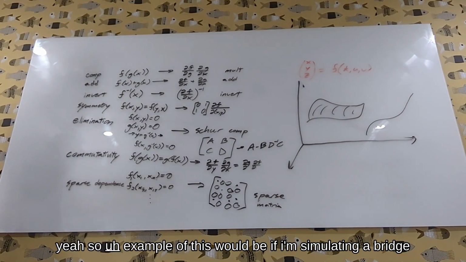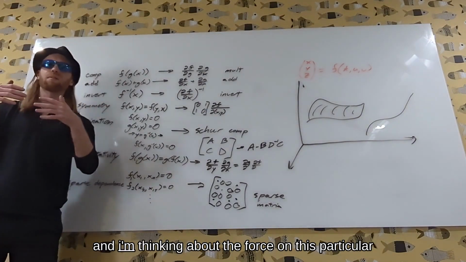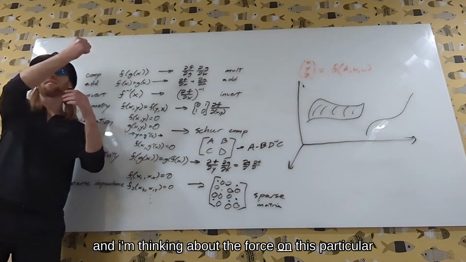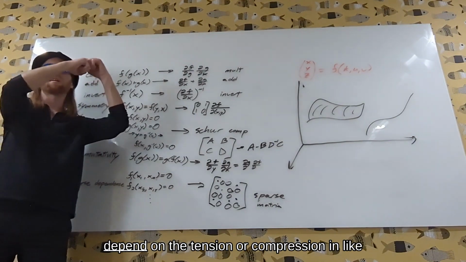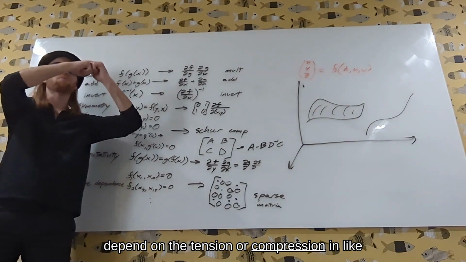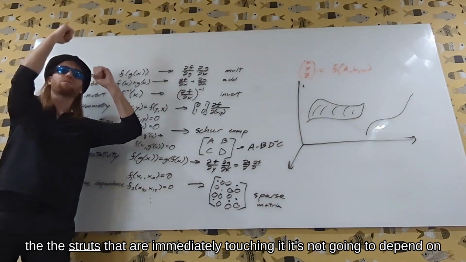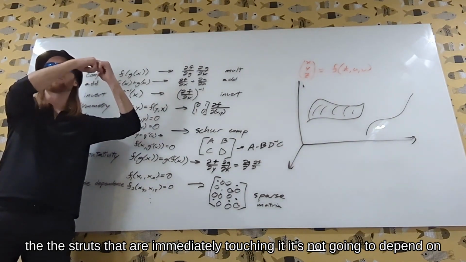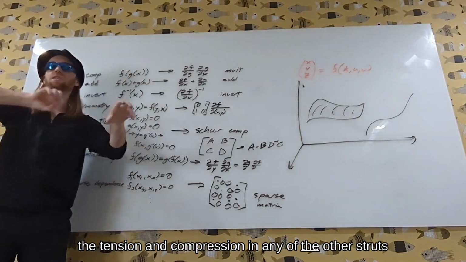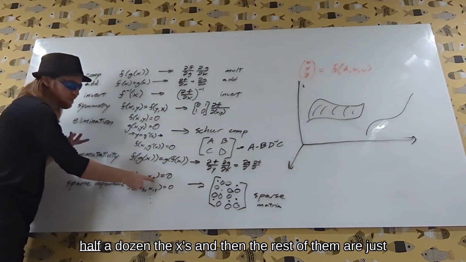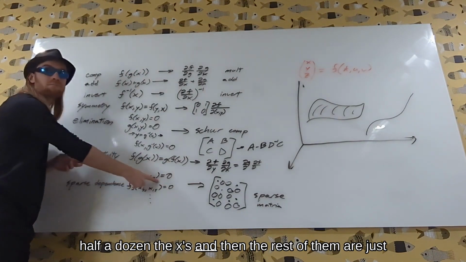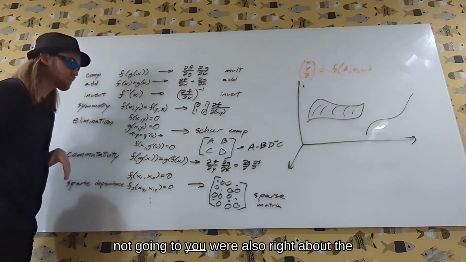Yeah, so an example of this would be if I'm simulating a bridge and I'm thinking about the force on this particular node on my truss bridge, that's only going to depend on the tension or compression in the struts that are immediately touching it. It's not going to depend on the tension and compression in any of the other struts. So it's only going to depend on like three or four or half a dozen of the x's, and then the rest of them are just not going to be.